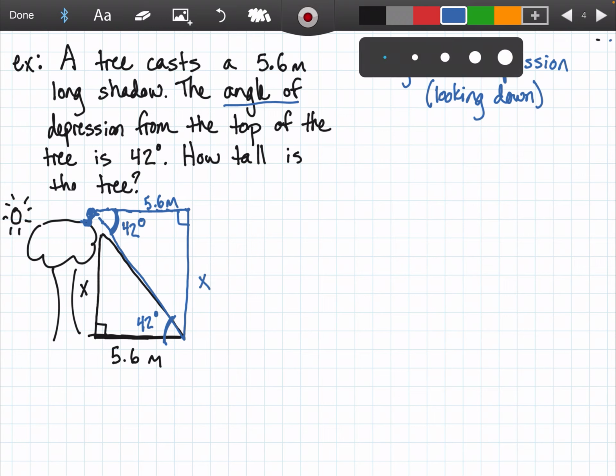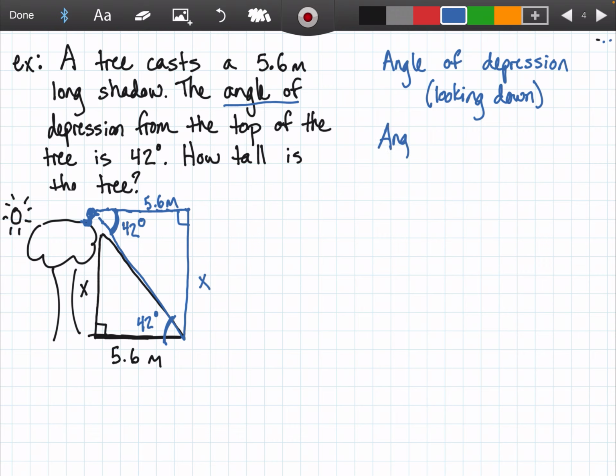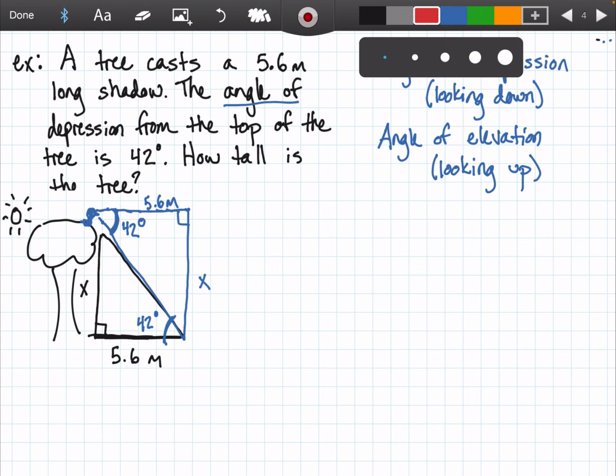Because of this, this is also the same as what we call the angle of elevation, which means we're looking up. So there's actually an angle of elevation right there.